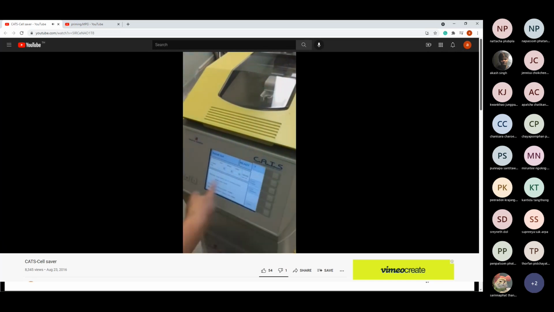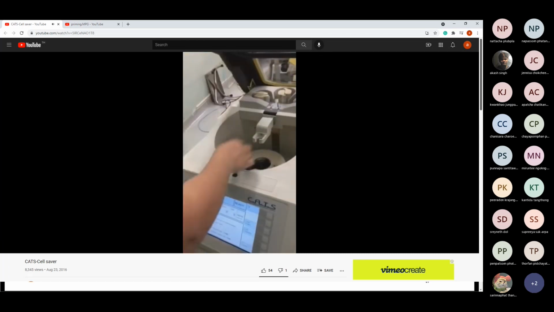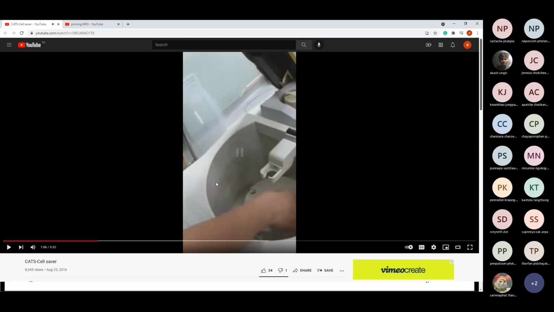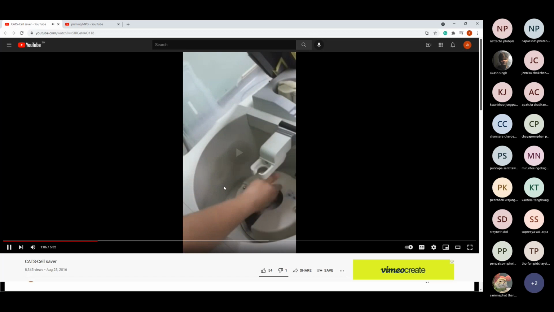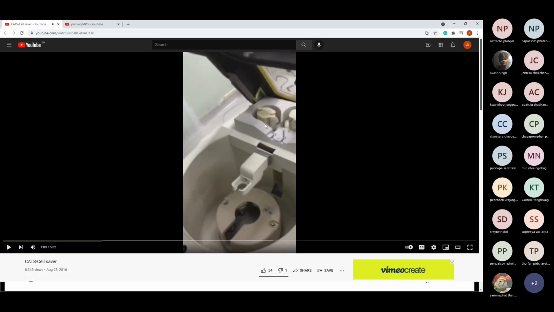Okay. Open the cover. So you may see the roller pump here, and here is another centrifugal pump or any motor that can spin and separate the fluid into two parts.